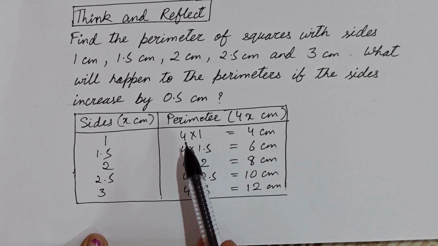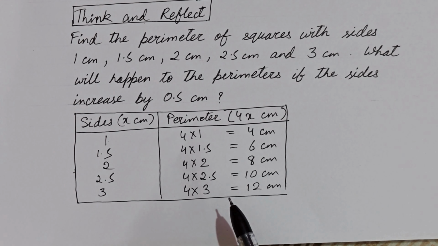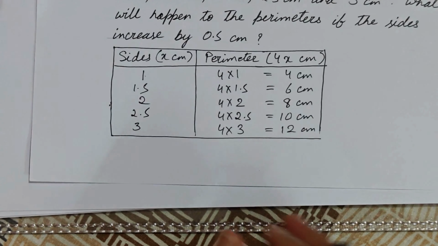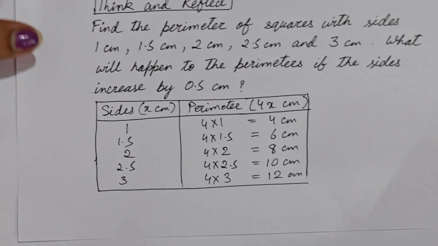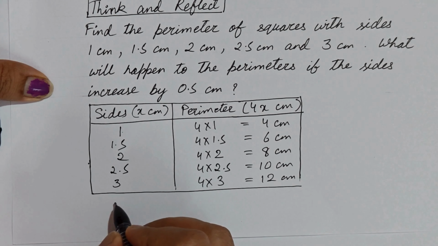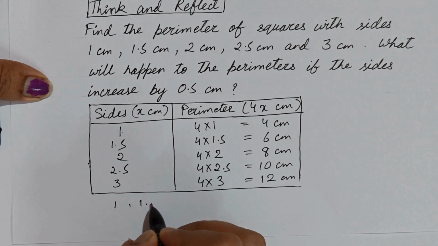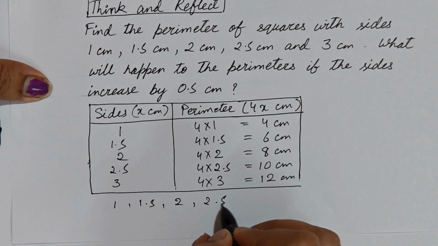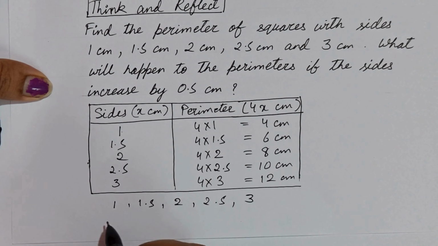So simply this is a pattern, right? I can explain it more clearly here. See, 1, 1.5, 2, 2.5, 3.